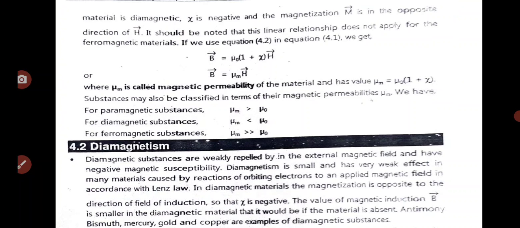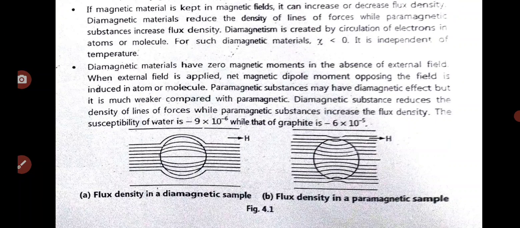If a magnetic material is placed in an external magnetic field, it can increase or decrease the flux density. So the main concept here is what is meant by flux.